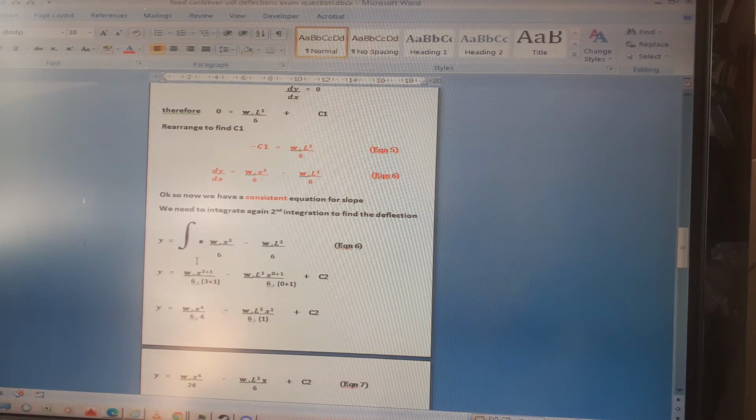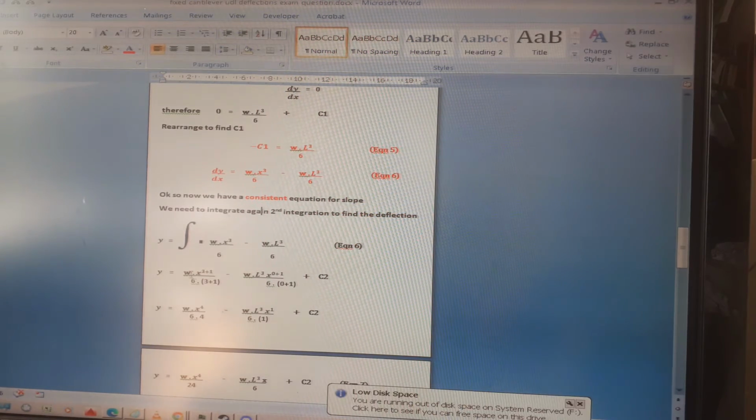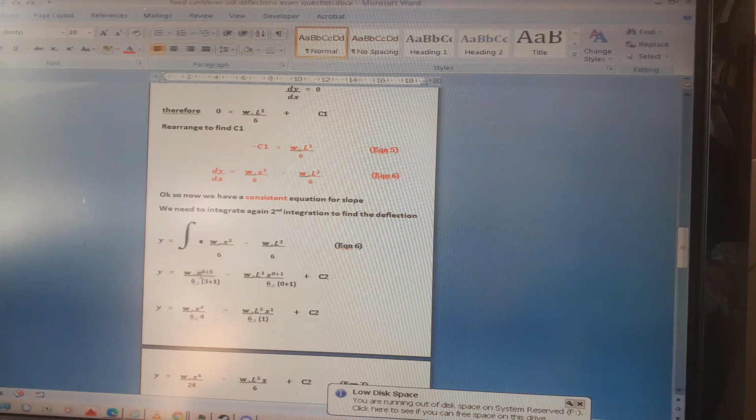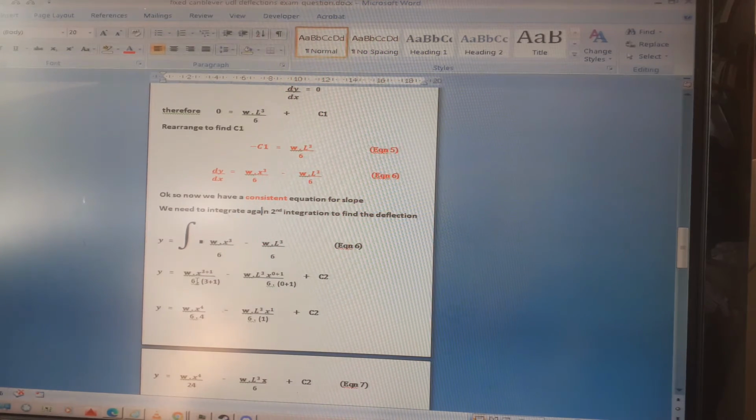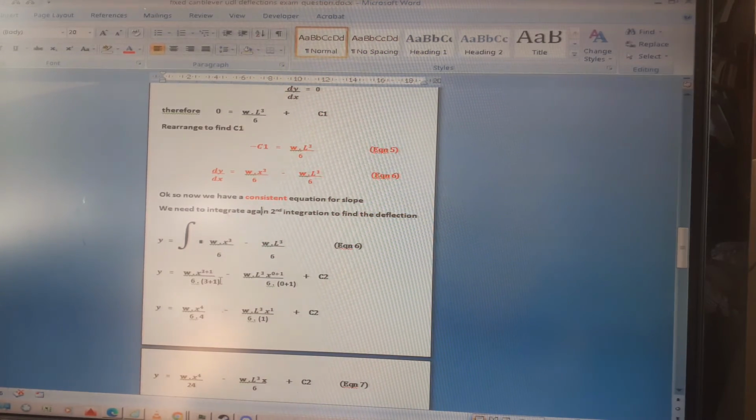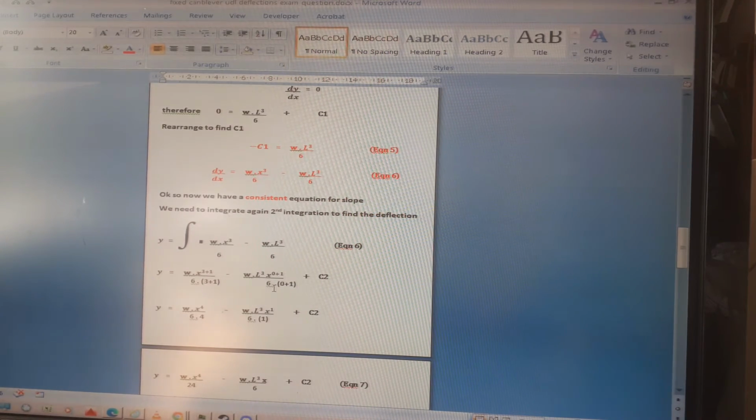So the integral of wx cubed over 6 minus wL cubed over 6: y is equal to w x to the power of 3 plus 1, divided by 6 times 3 plus 1, minus wL cubed x to the power of 0 plus 1 divided by 0 plus 1, plus c2.